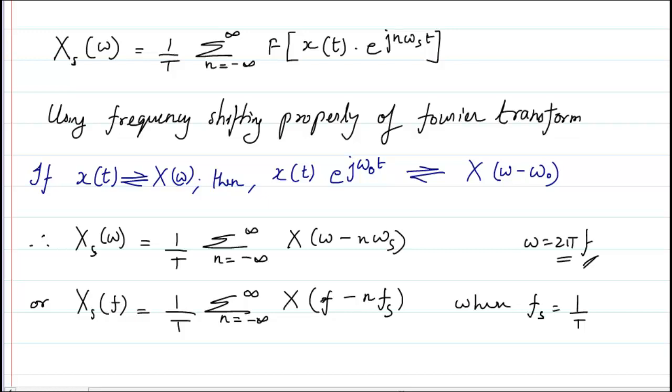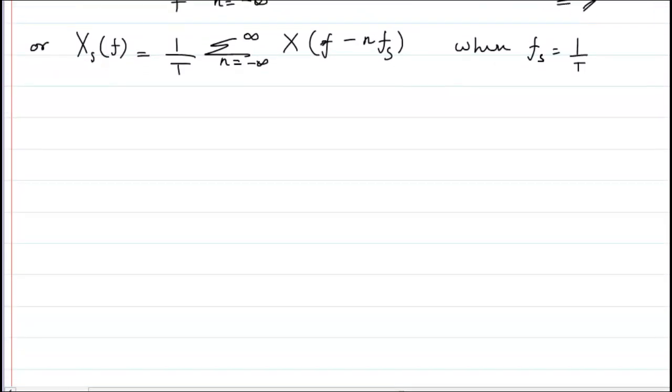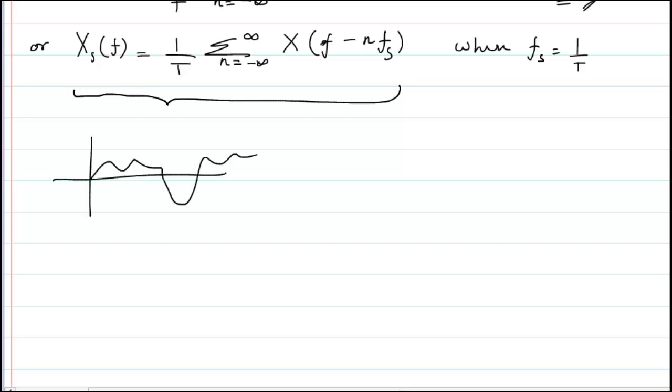Okay, so now if we look into this particular equation, what does it say? It says that the Fourier transform of the sampled signal will be based on this equation. Now suppose I am having a signal, let's say some signal like this, whose Fourier transform if I try to take, then I will get with respect to f some frequency plot, which let me draw something like this.